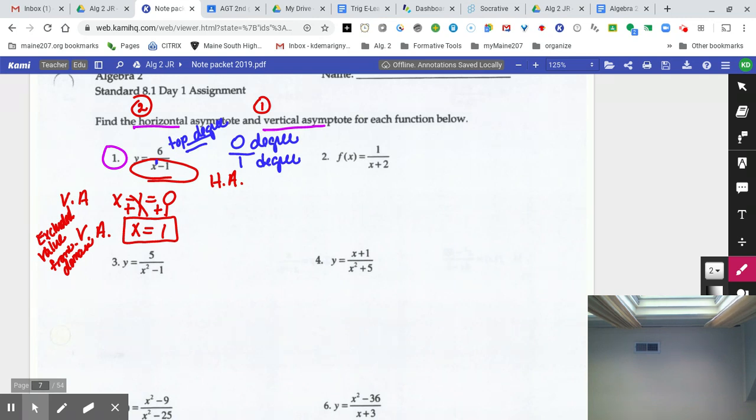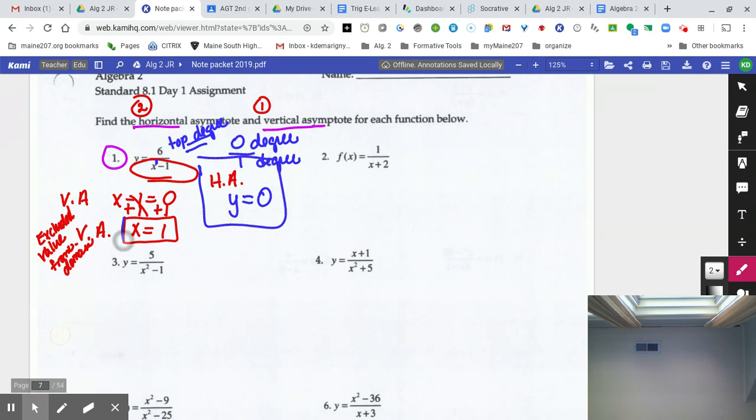Since the top is smaller than the bottom, my horizontal asymptote is always y equals 0.